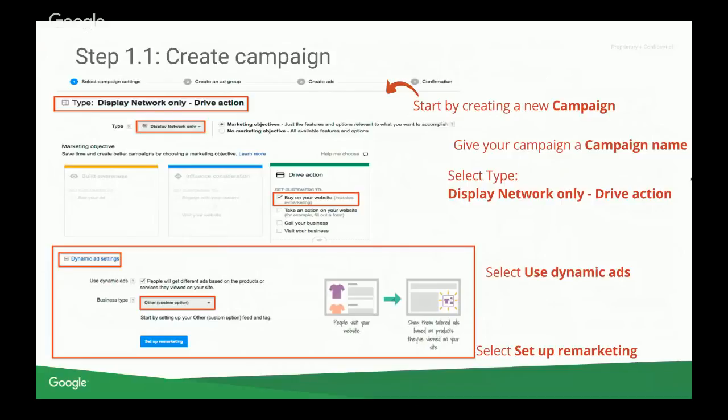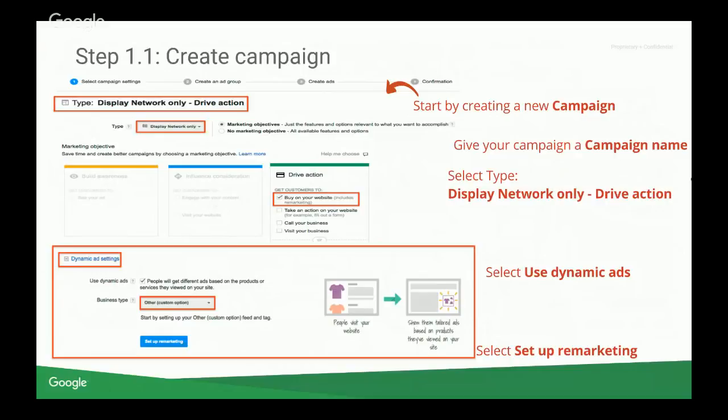Once you click on the marketing objective, you can scroll down to the bottom of the campaign creation step, and you will see additional settings that you can add onto your campaign. When you click on these additional settings, you will find a drop-down menu with a few other links where you will see dynamic ad settings.